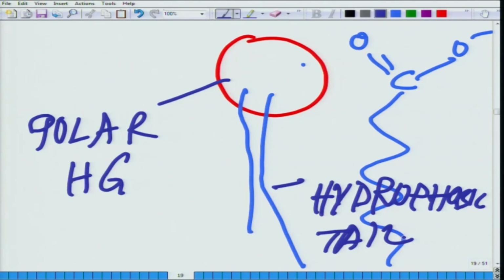From here I will move on to part 3 of the membrane structure and dynamics, which constitutes the classification of the membrane lipids. In the last class we introduced the lipids, and I told you there are two kinds of lipids, the storage lipids and the membrane lipids.